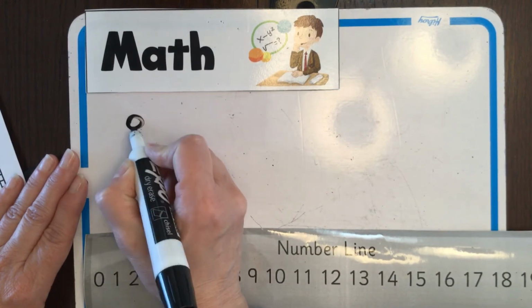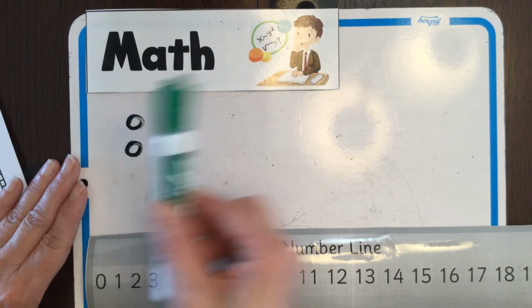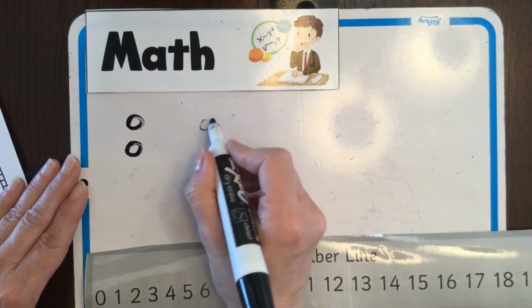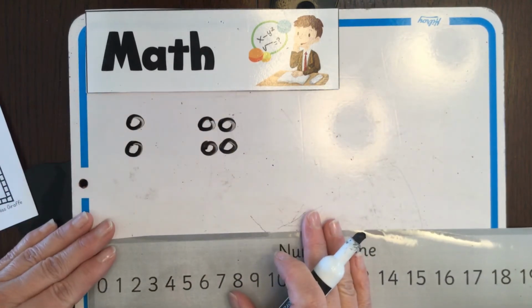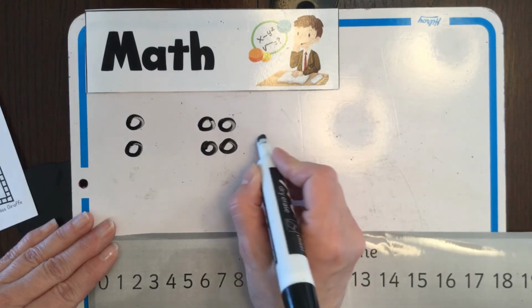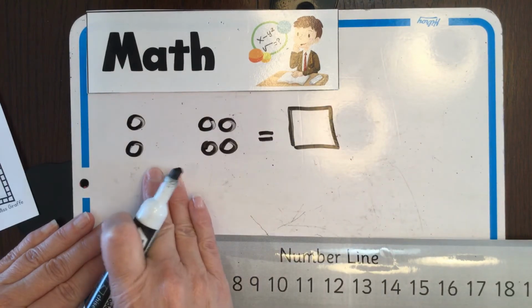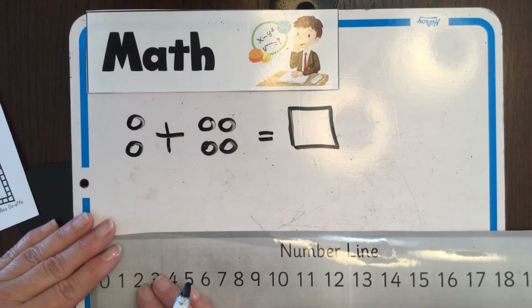Pam had 2 green socks. If I really wanted to, I could draw them in green. She had 4 red socks. Again, if I really wanted to, I could draw them in red. I could draw sock shapes, but I don't have to. I can just use dots. We want to know how many all together. When we're putting 2 groups together, we need to do addition, so we need an adding sign or a plus sign.